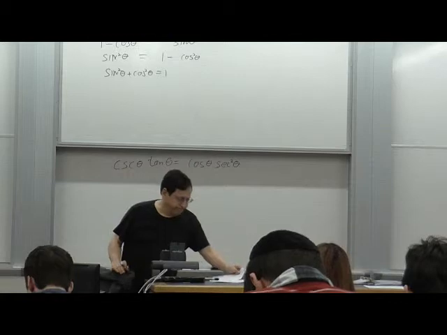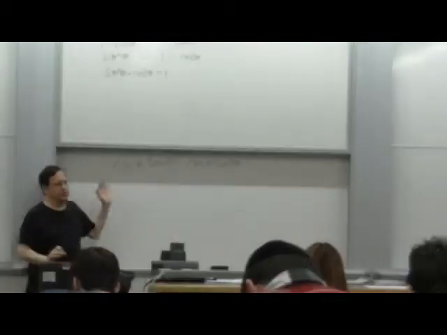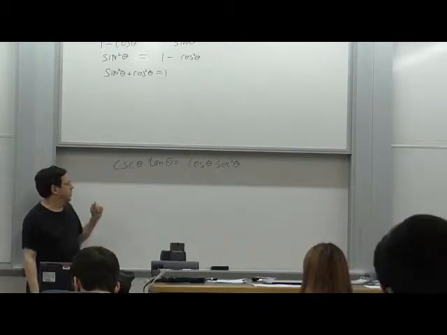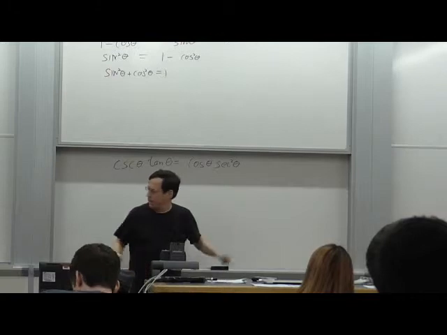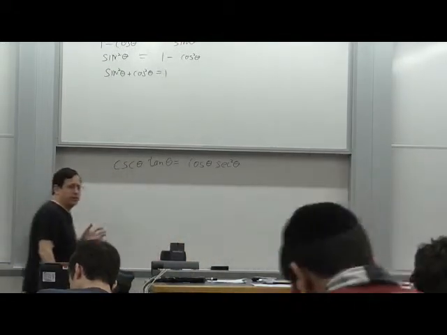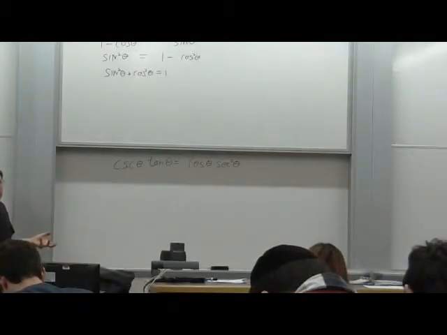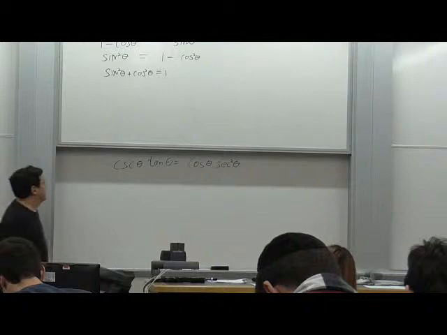And, you know, when you've done enough of these, you can take a look at them and you can make a judgment call. You can say, gee, secant squared, maybe I can use one of these identities and flip it around. But I'm just going to use the straightforward method, which is convert everything to sines and cosines.